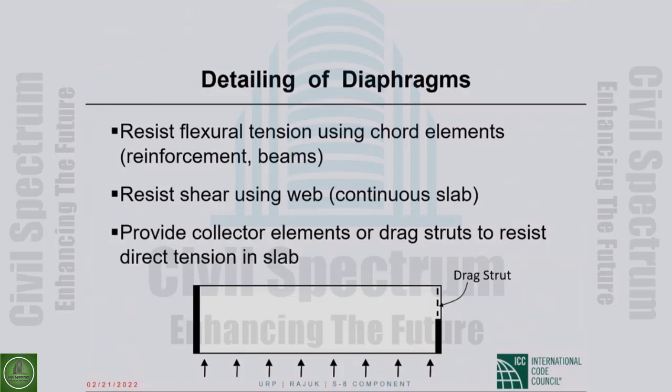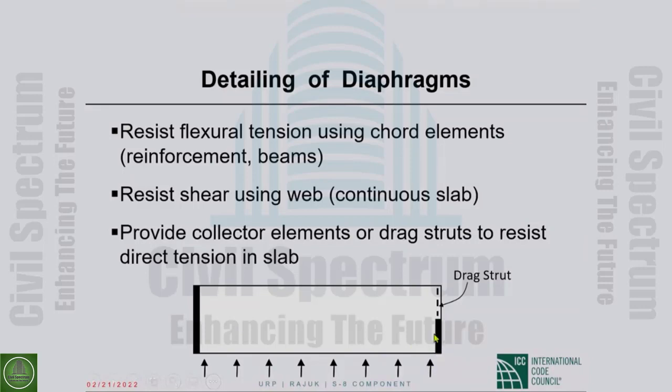So resist flexural tension using chord elements, which consist of reinforcing bars typically, but you can have physically enlarged sections like beams acting as collectors or chords. Resist shear using the web, and provide collector elements or drag struts to resist direct tension in the slab, as mentioned previously.